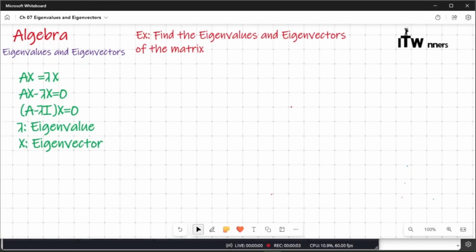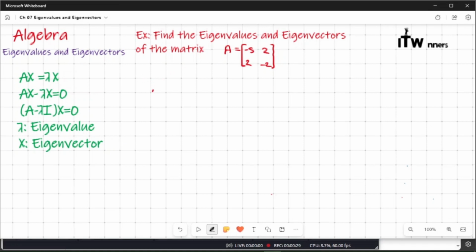The first example asks to find the eigenvalues and eigenvectors of the matrix A equal to negative 5, 2, 2, negative 2.